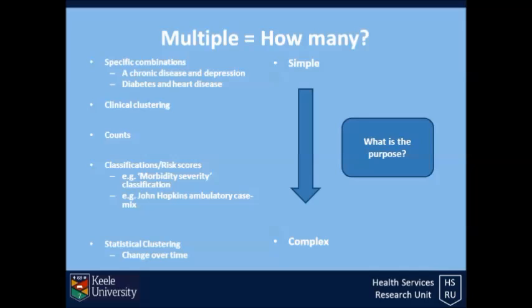In our own work, we've developed our own classification in general practice at Keele. The purpose of this risk score is to identify people with multiple morbidity, and sometimes we use it to identify people at risk of admission. There are also more advanced methods of statistical clustering, and I shan't go into that because that is still where research is emerging.